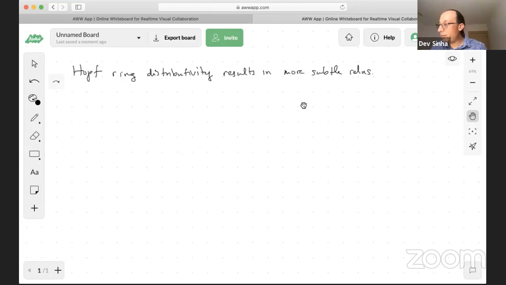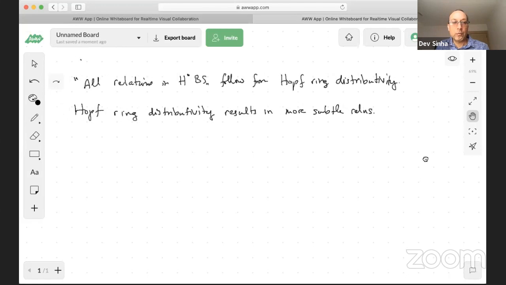So let me back up and say, therefore, all relations in the cohomology of symmetric groups follow from Hopf distributivity. That's the conclusion that we can make from that previous statement, just unpacking the main theorem and saying, okay, what are its consequences for the additive bases and cup products?